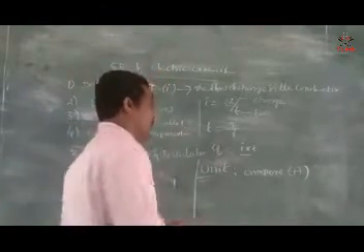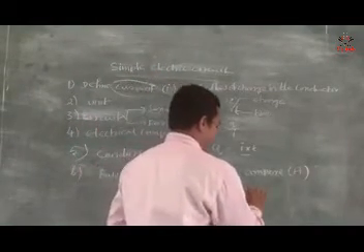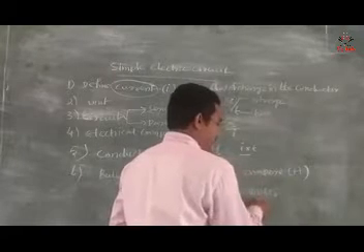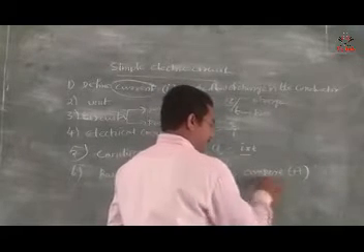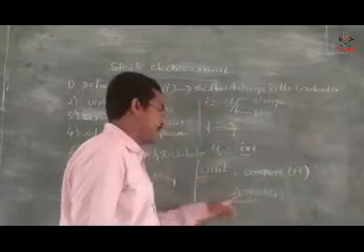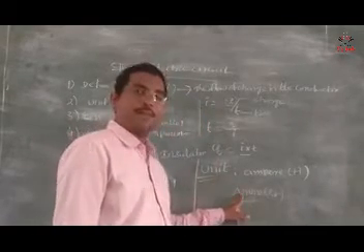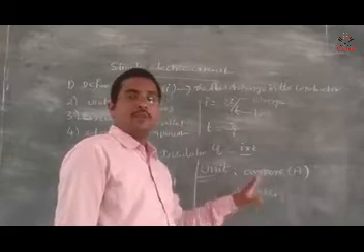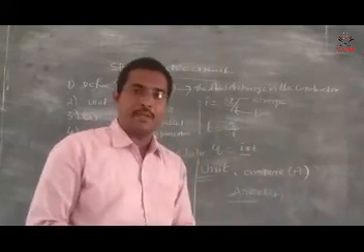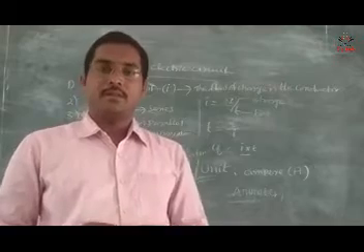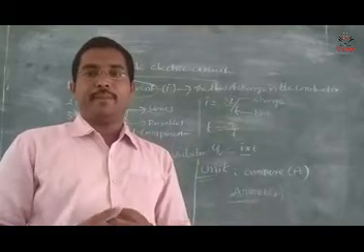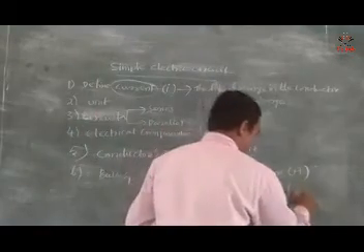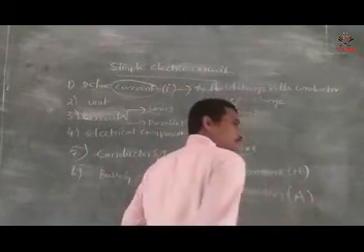By using an instrument called an ammeter. Meter is nothing but an instrument. The instrument used for measuring the current is called an ammeter. The symbol of ammeter is A.